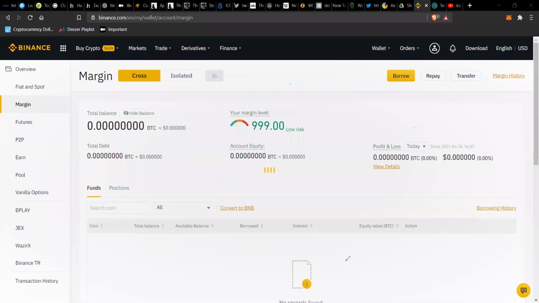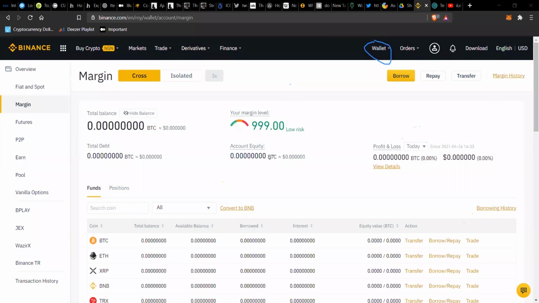If you remember earlier on, I clicked here, which is wallet. Clicking here, I'm seeing what I currently hold in my margin wallet and what I also hold in my futures wallet. It's empty, so that's why it's showing zeros. Just take note of that.